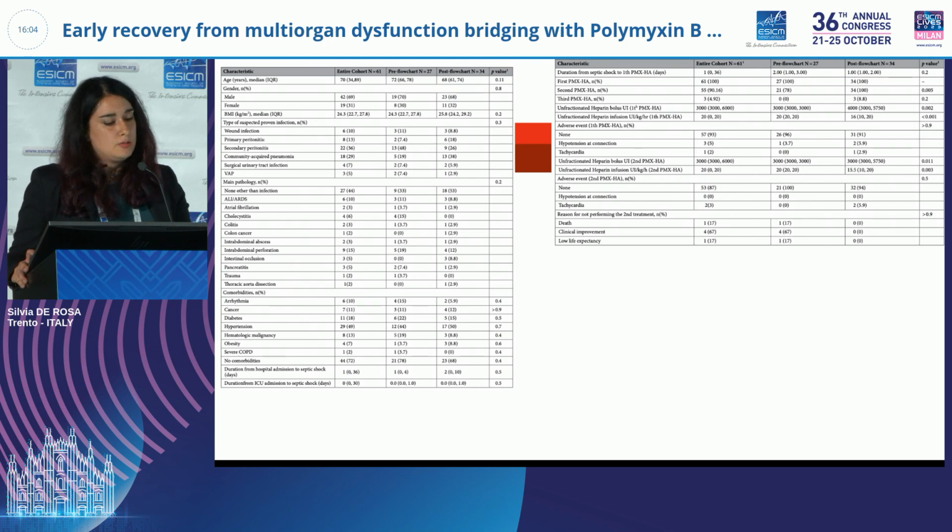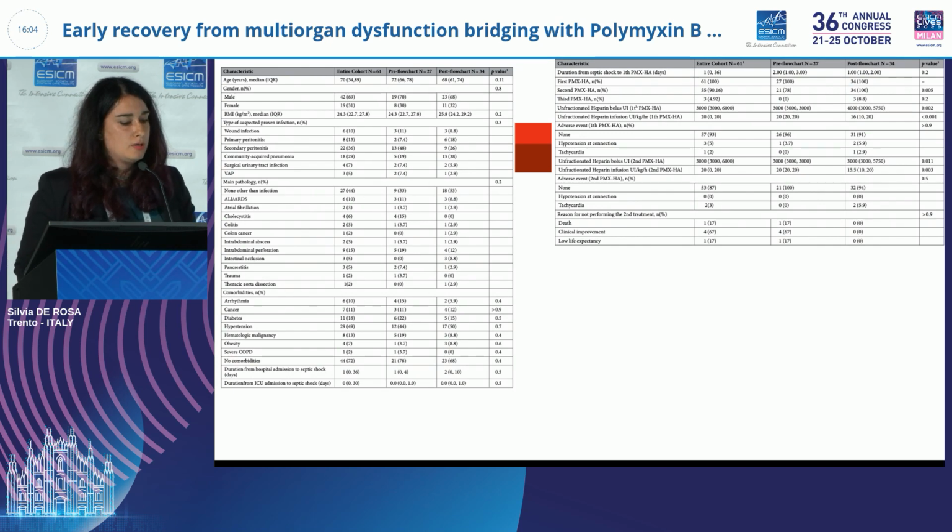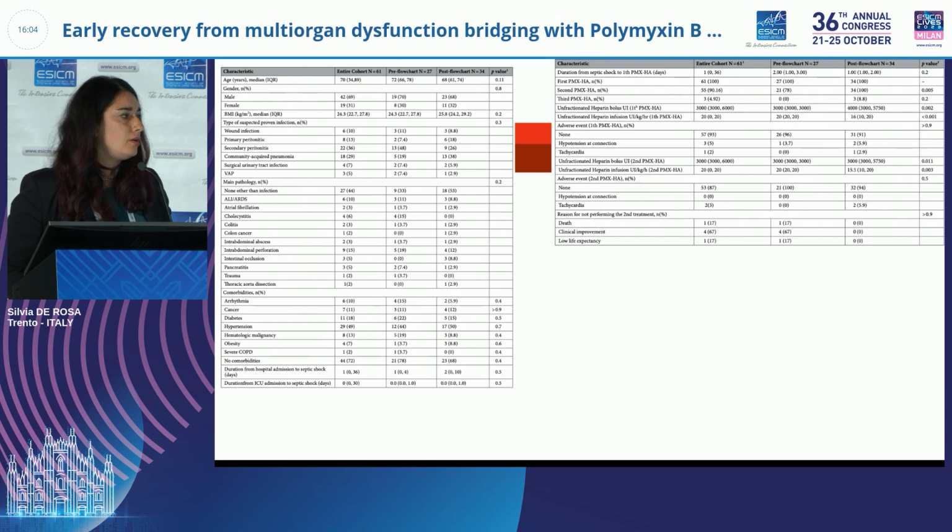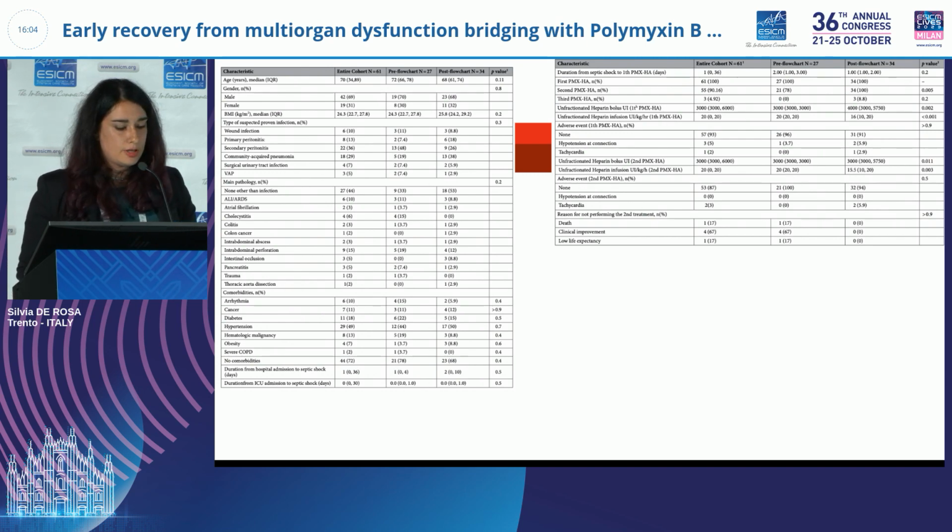So if we consider the overall cohort, particularly in the post-flowchart group, we have patients with also community-acquired pneumonia. So not just patients with abdominal infection.